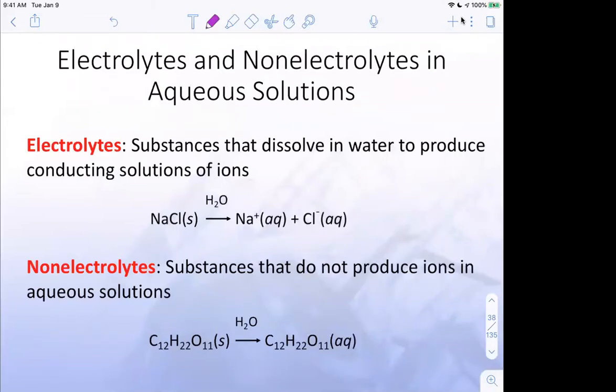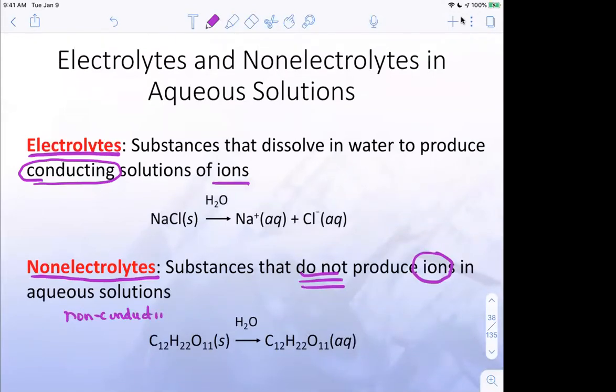So in chemistry, electrolytes are substances that dissolve in water to produce conducting solutions of ions, whereas non-electrolytes are substances that do not produce ions in aqueous solution. So these are non-conducting, because you need the ions in order to conduct electricity.